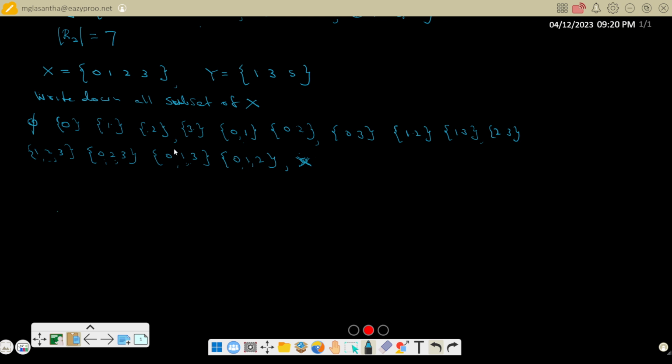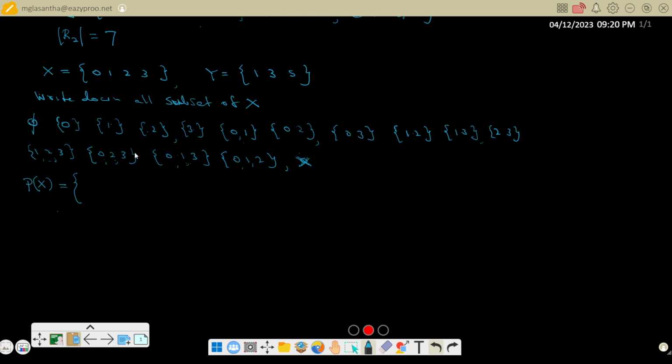There are 16 subsets, the number of subsets. So this is known as the power set of X, P(X). What is P(X)?